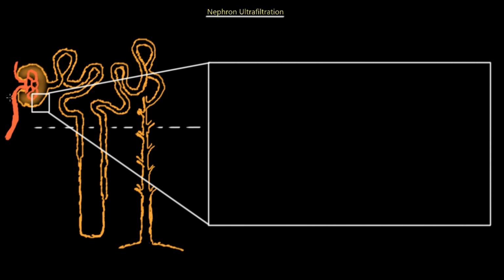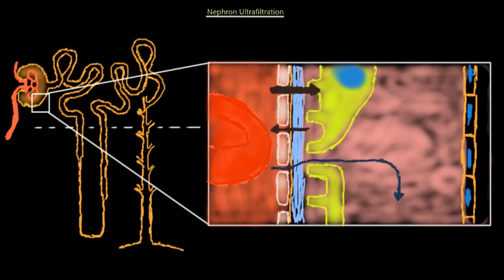So let's zoom in on where nephron ultrafiltration happens. More specifically, we are going to zoom in on a part that is a connection between the glomerular capillaries and the lumen of Bowman's capsule.